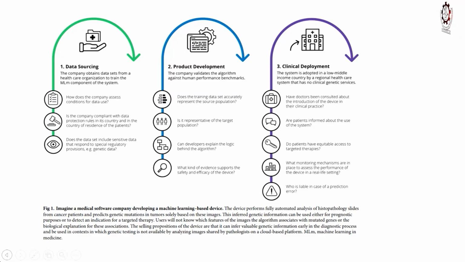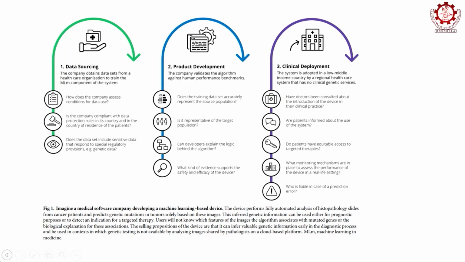So US has its own rule, EU has its own rule, India also has its own rules. Within that, we need to ask the question if the data set that has been acquired for model training, model validation, includes sensitive data, PHI, that responds to special regulatory provisions such as genetic data, for example.